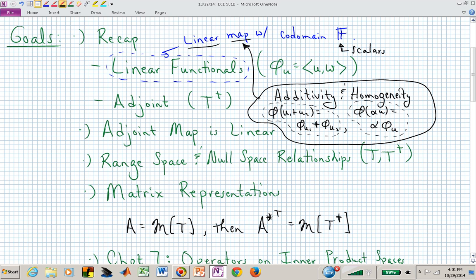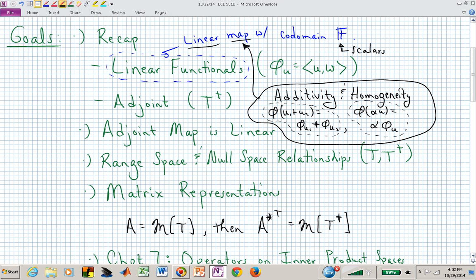We will recap by reminding ourselves that we started to play with linear functionals. It's really a linear map, where now the codomain is really just scalar.